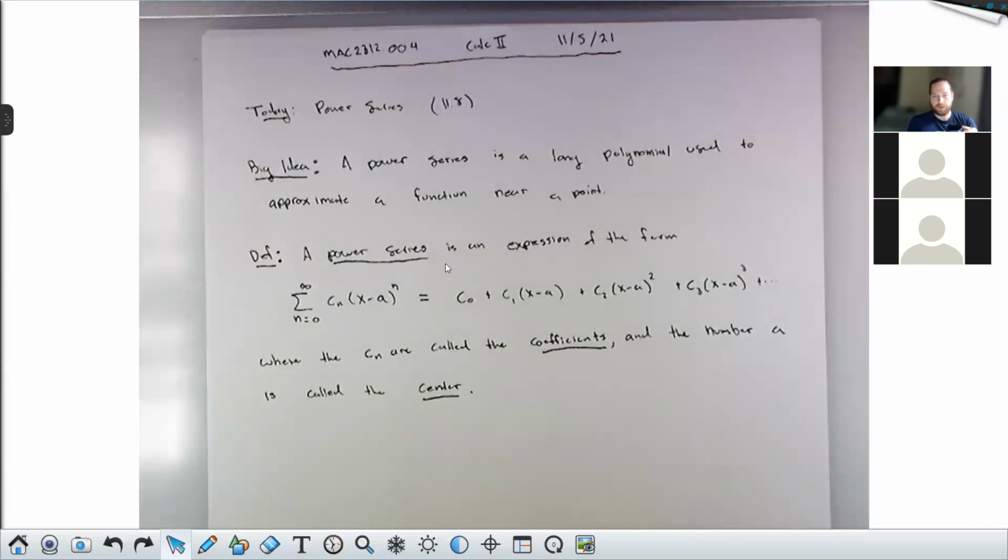Most x values you plug in here, this expression is going to be infinitely long, right? If I plug in x equals 5 or pi or 10, this thing is going to be an infinite series. But there's one x value I could plug in that makes it a very much finite series. One value that makes all these terms 0. What is that x value?